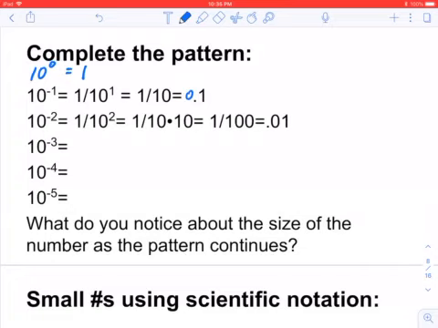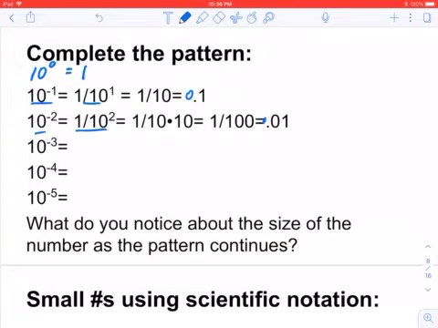10 to the negative 2 is the same as 1 over 10 to the second. Remember what we learned about negative exponents? That it's equivalent to an exponent in fraction form, which is the same as 1 over 10 times 10, or 1 over 100, which is 0.01, or 1/100th.